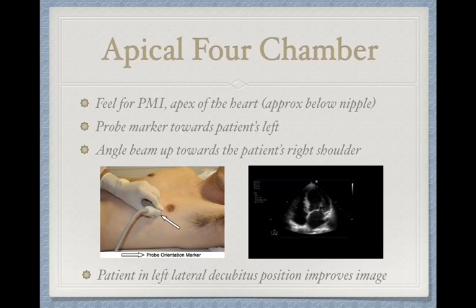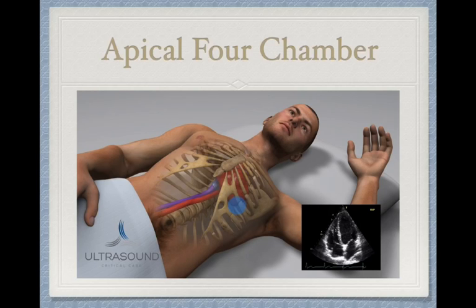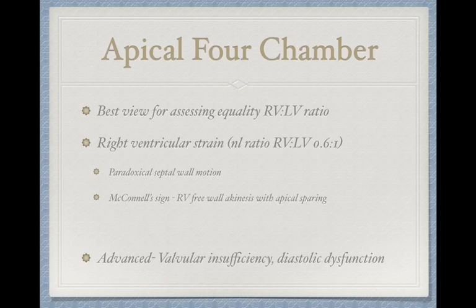Here's another representation of having the patient onto their left. This is the positioning of the probe, and ideally you want to get a view of all four chambers. This view is going to be best for assessing the RV to LV ratio, so looking for RV strain. Your normal ratio is 0.6 to 1, but you can just remember 1 to 1. So the RV should always be smaller than the LV, and if it's not, there's some component of RV strain.